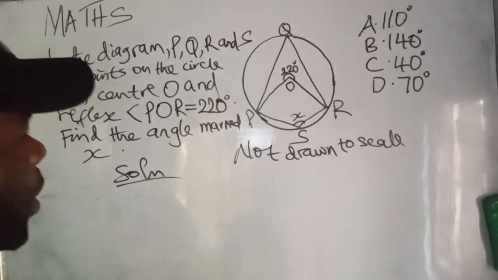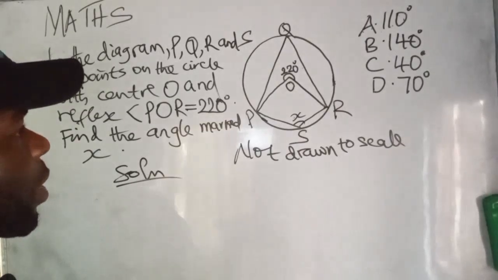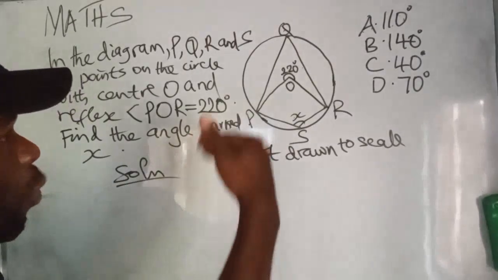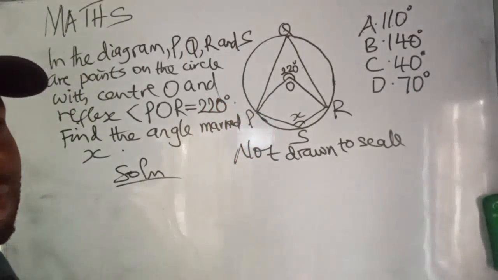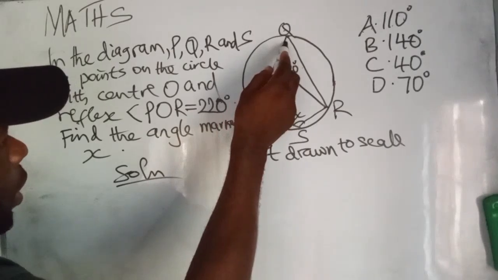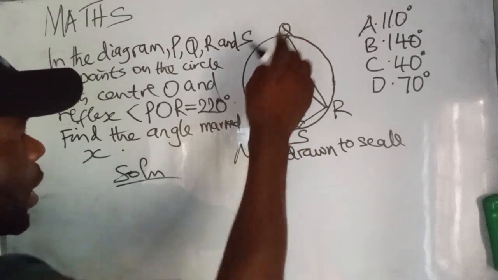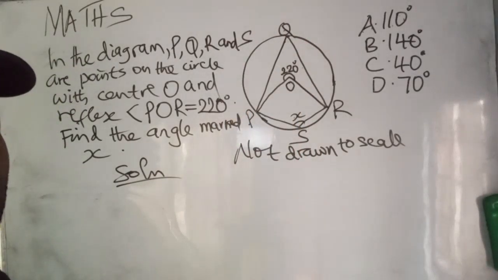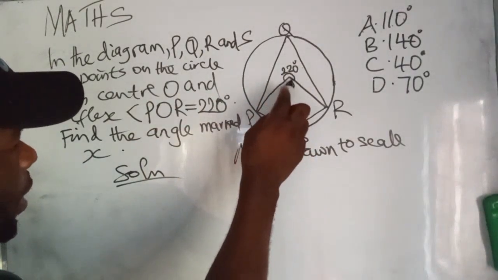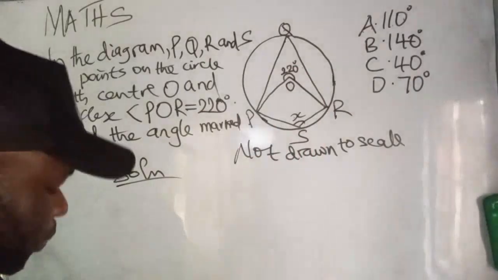There are certain rules that govern a cyclic quadrilateral, such as the rule for opposite angles. This Q and this S, the angle X, are opposite angles of the cyclic quad. And this is the center of the circle, where we have 220 degrees.